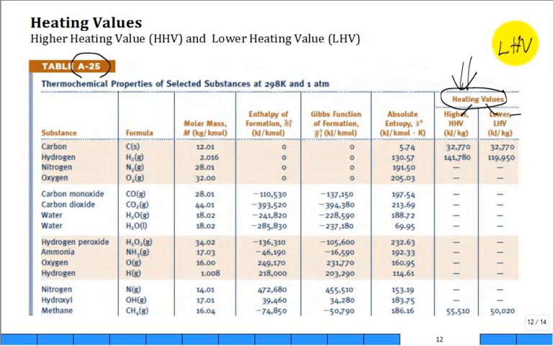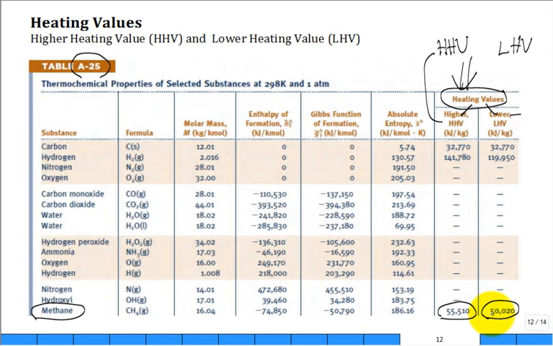Lower heating value. Pretty simple. Engineer did that. Not too clever. And then the higher heating value, HHV. Notice the units on them. They're in mass, kilojoules per kilogram of the fuel. Let's say methane, because we played with that a while. You have the higher heating value and the lower heating value.